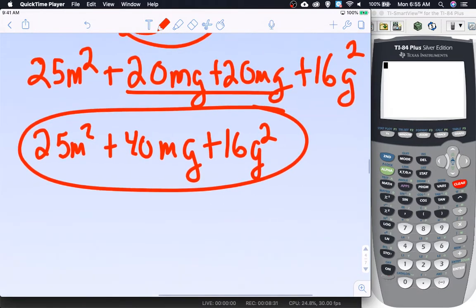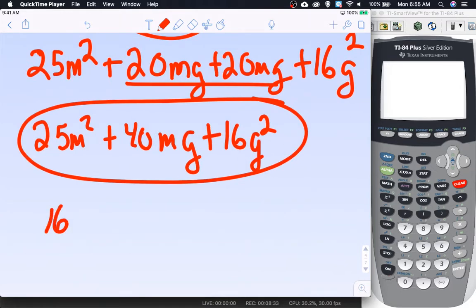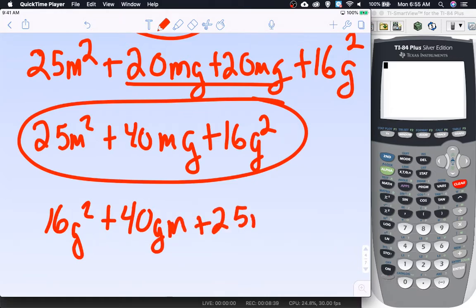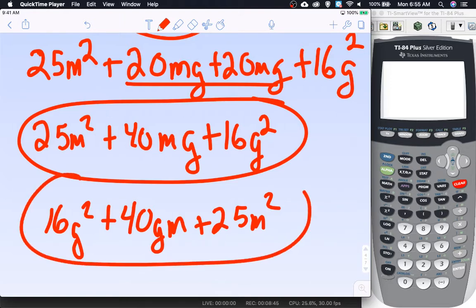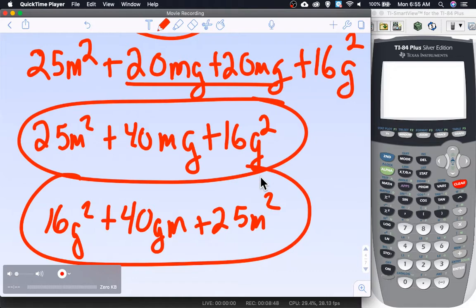Now if you rearrange this and make it 16g squared plus 40gm plus 25m squared, that's also acceptable. I don't know which one a textbook would show. This is the one that has the variables in alphabetical order, so you have the g's first.